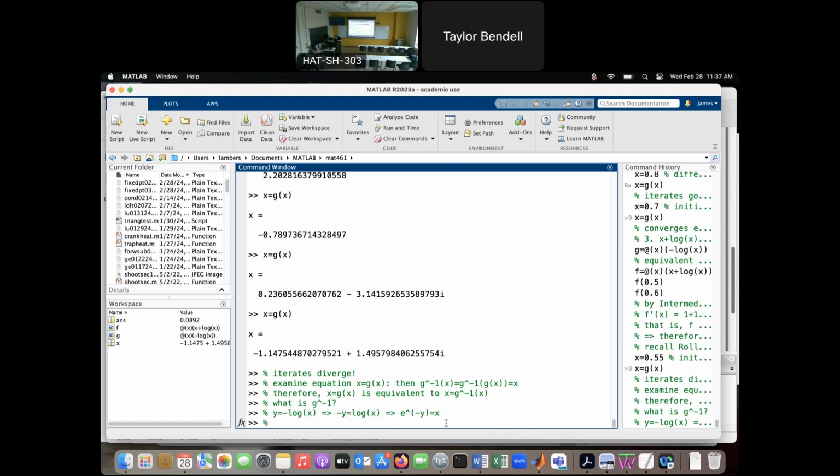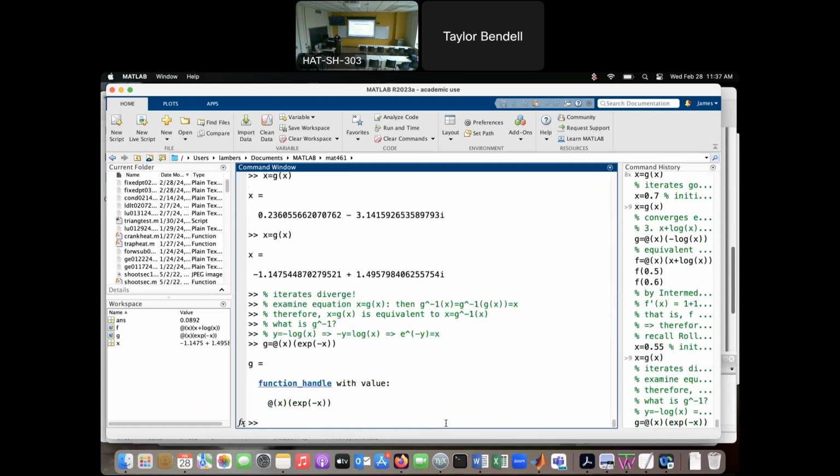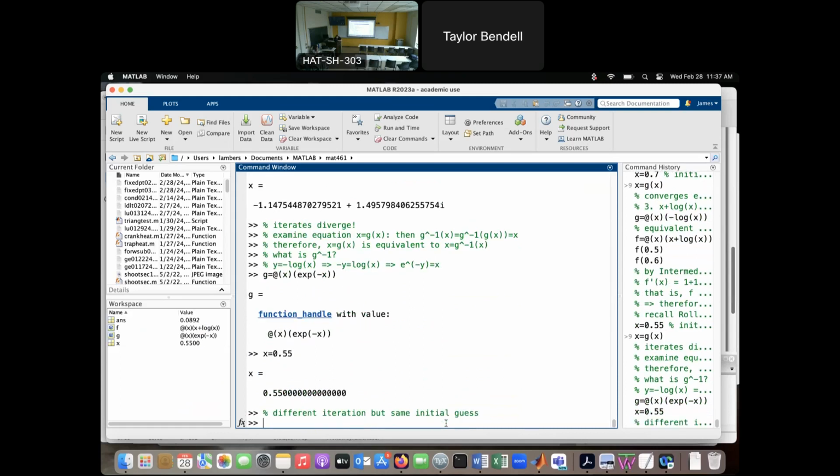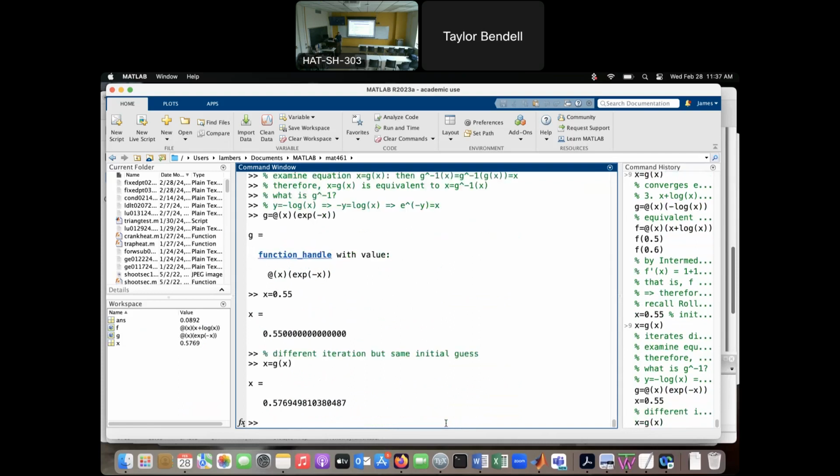So I'm going to define g to be the exponential of minus x and see if that fares better. Okay, so now I'll set x back to the midpoint, 0.55. Same initial guess. All right, so now do x equals g of x again and see if this fares better. Okay.